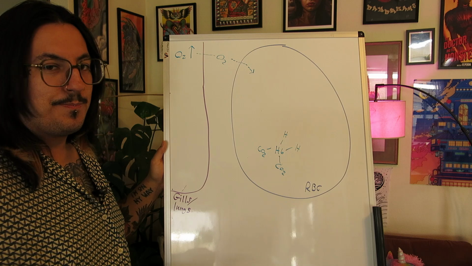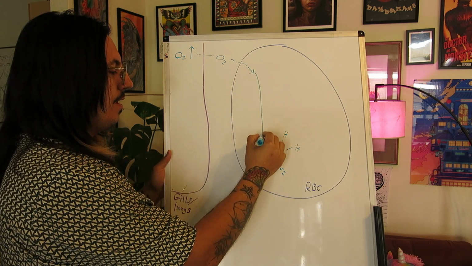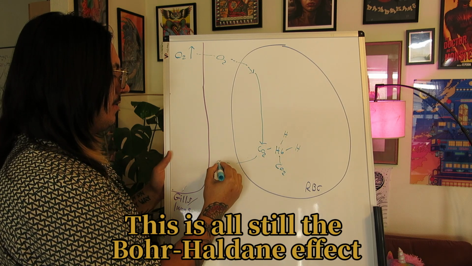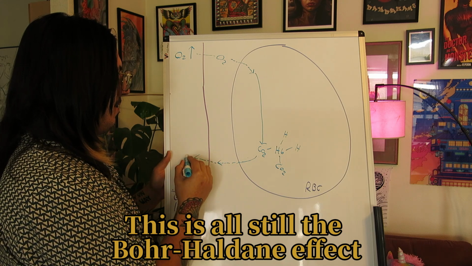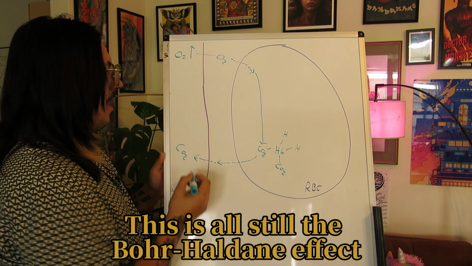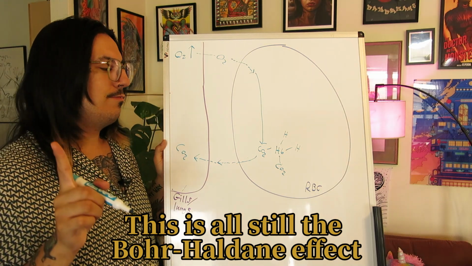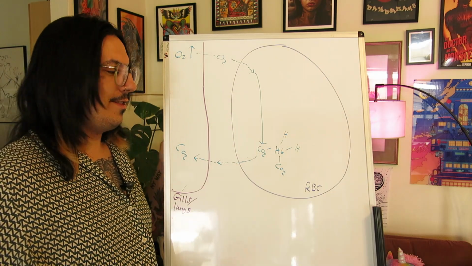And actually, once it comes in here, it's going to boot that CO2 right off, and it's going to diffuse out and in. I'm not even going to draw it there. And that's how we're able to trade O2 for CO2. But wait, what happens when there are H ions on the hemoglobin?